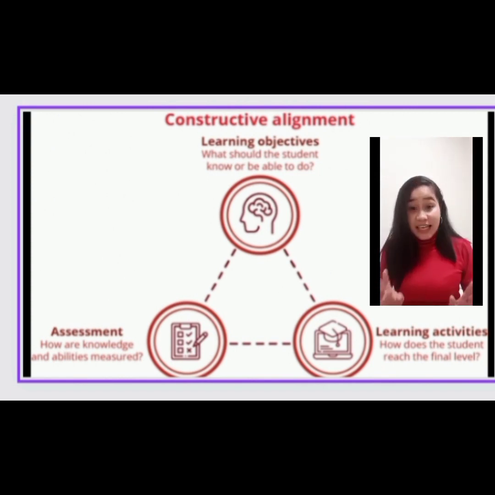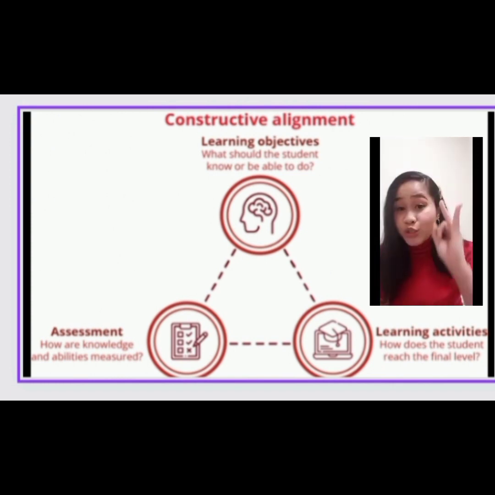So what are learning outcomes? Learning outcomes are specific statements that describe what students should know, understand, and be able to do after completing a course or a lesson. Learning outcomes should be specific, measurable, achievable, relevant, and time-bound.